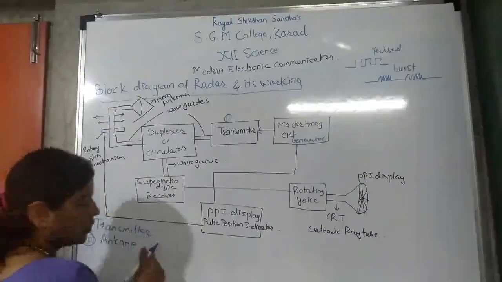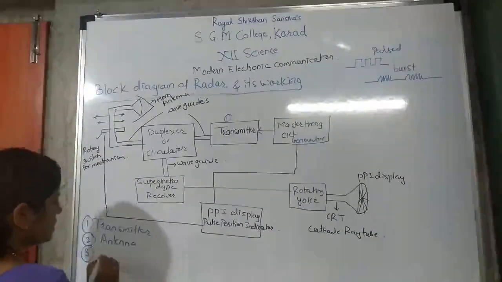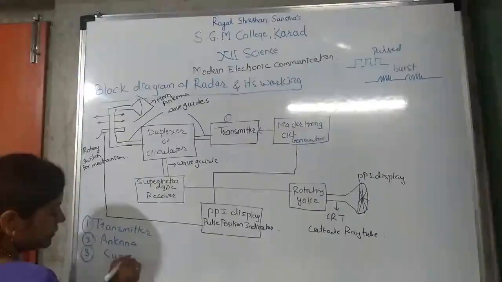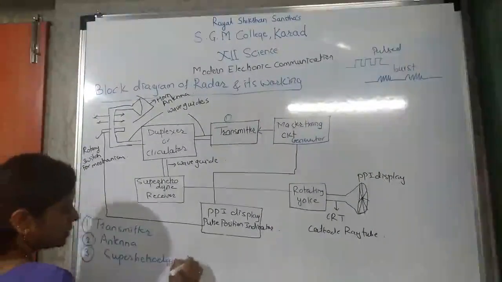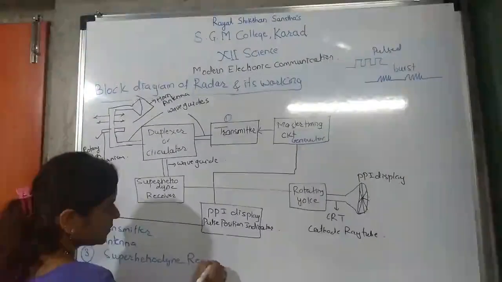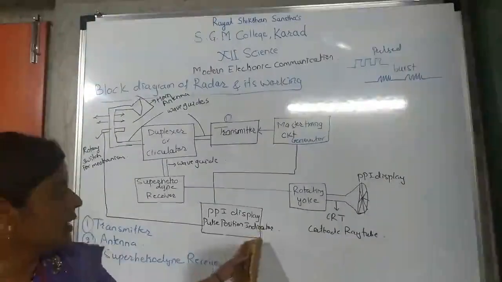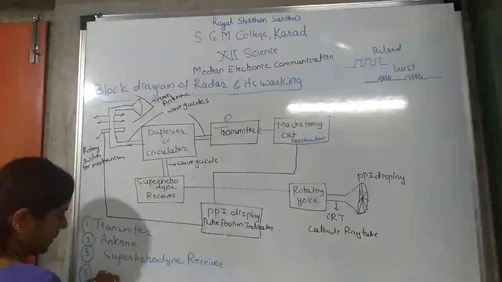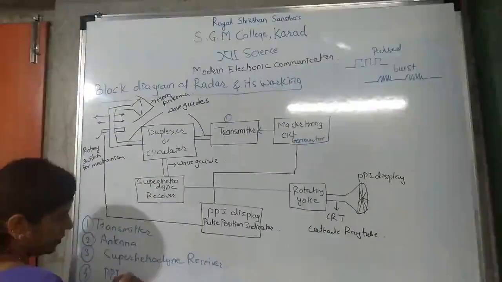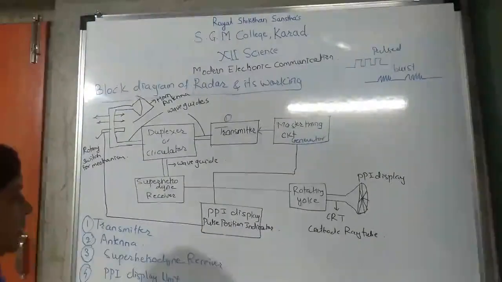Third important block is the superheterodyne receiver. And the last is your PPI display unit. We'll see one by one.